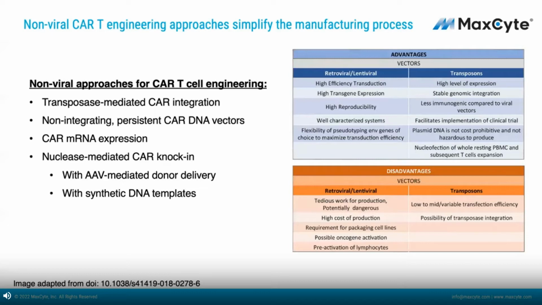And when we compare any of these approaches to the viral approaches, what you see is that overall, for transposase-mediated integration, even the non-integrating approaches, but especially for the nuclease-mediated CAR knock-ins, there are plenty of advantages compared to the viral approaches, such as high expression, stable integration, reduced immunogenicity, and a lower risk of random integration compared to virus, as well as simplifying the manufacturing process, removing the whole viral supply chain issues, and typically reduced costs.